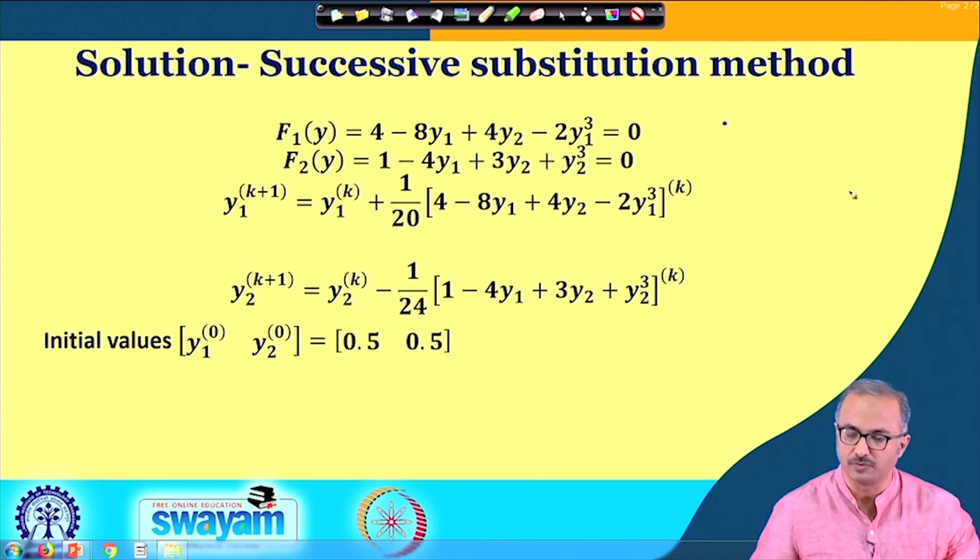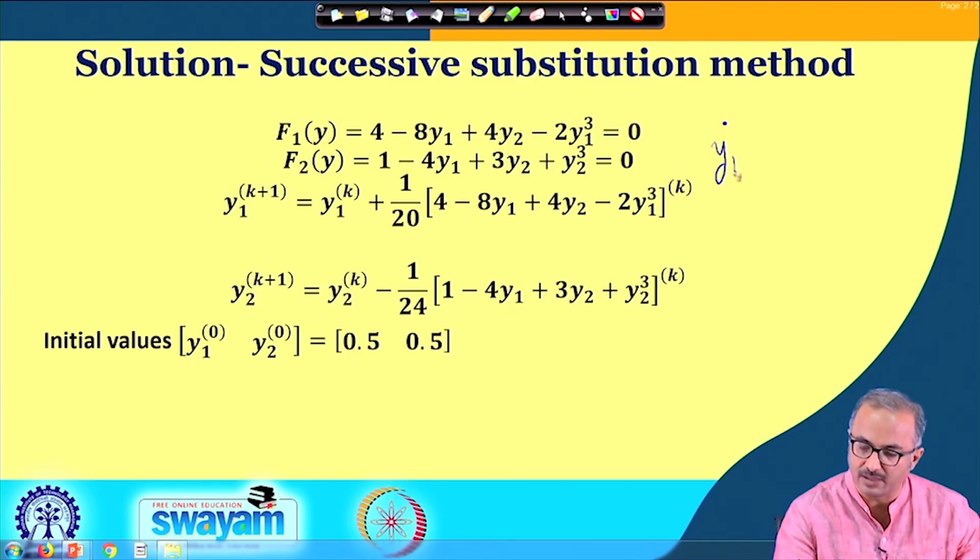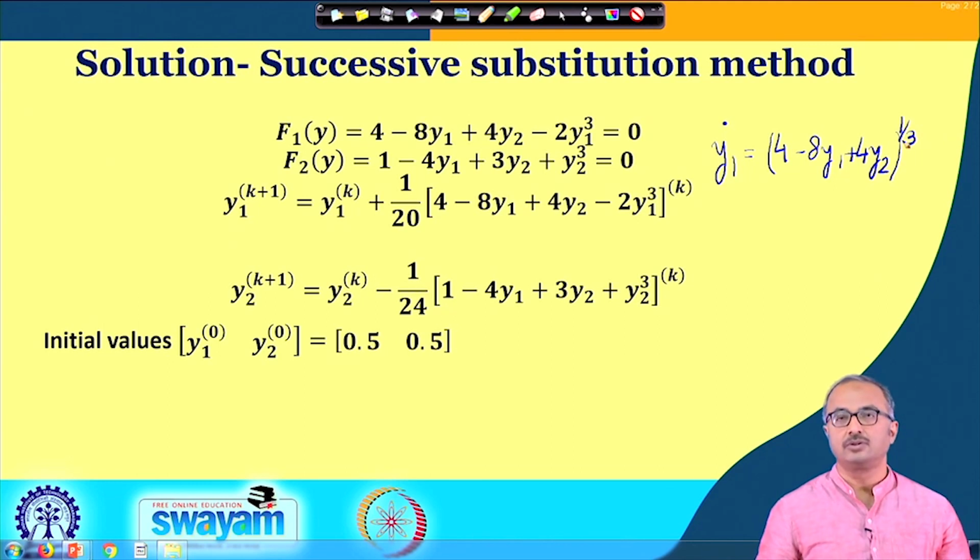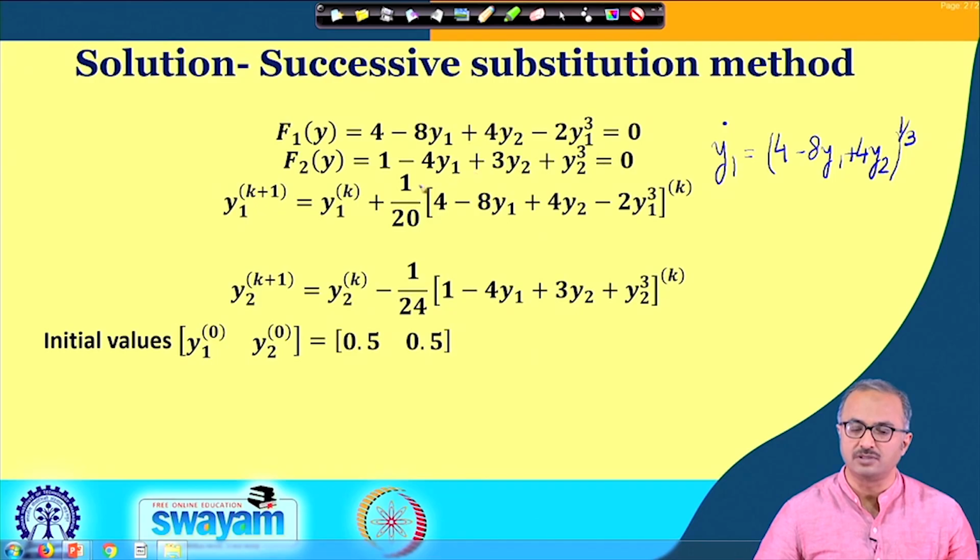I am just writing for you here, like I can take y1 to be the cubic root of 4 minus 8 y1 plus 4 y2. So this may be another expression for y1, or you may even use this particular expression to get the value of y1. So, you have many choices for y1 and y2.